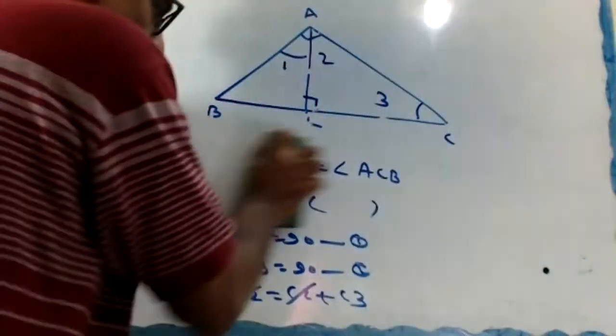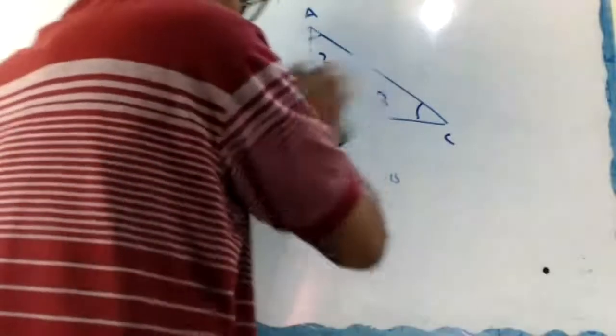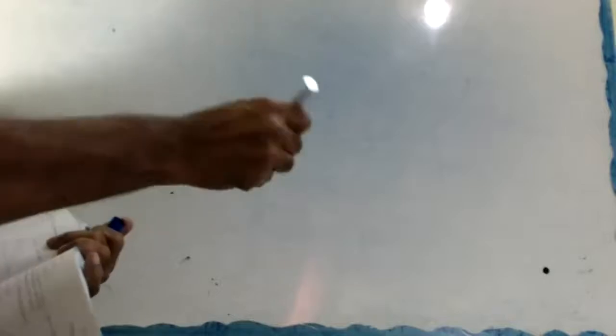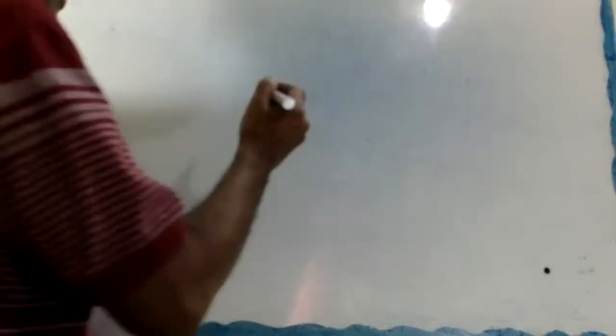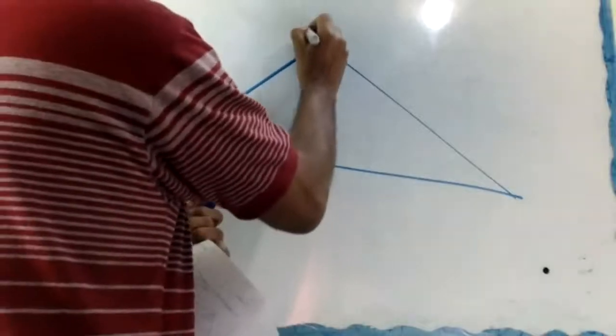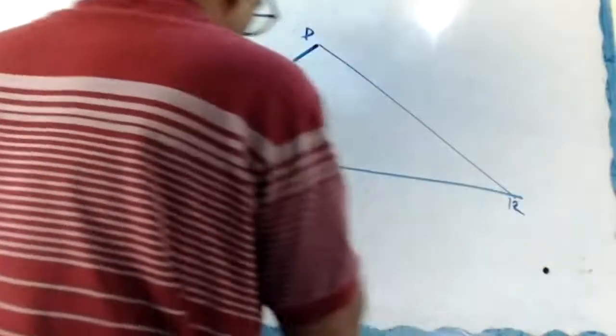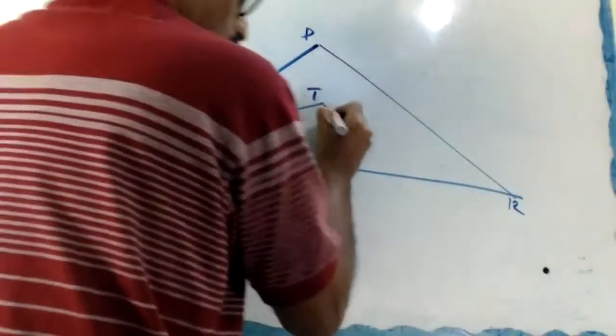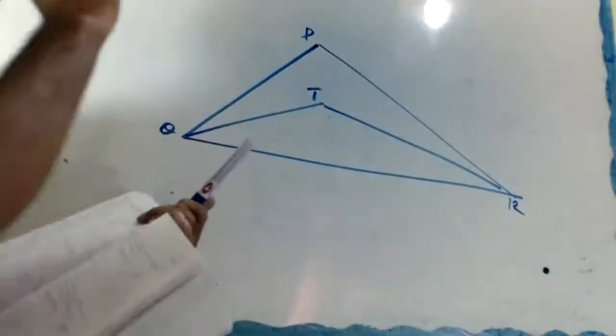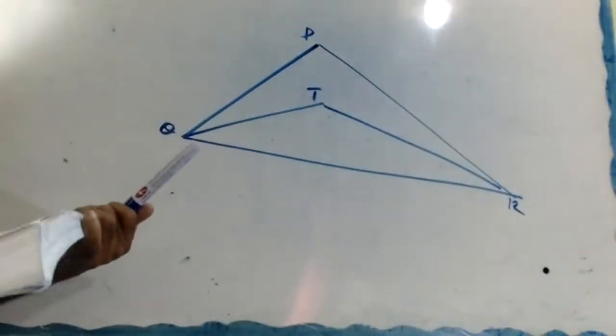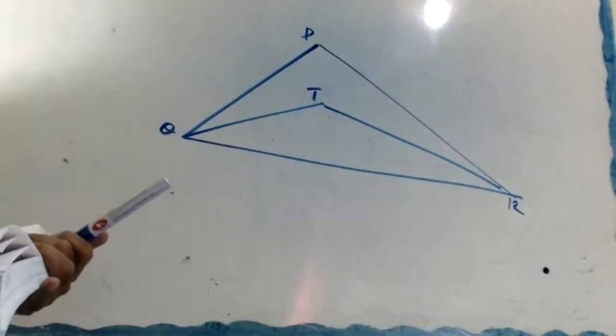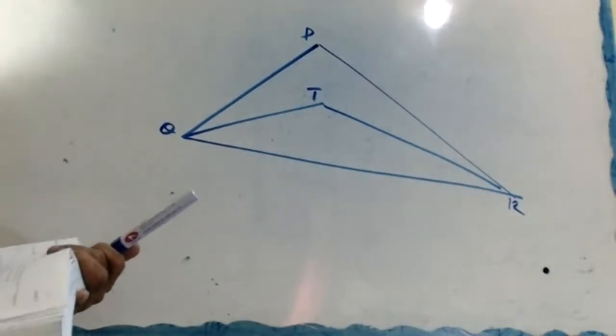In figure, TQ and TR are the bisectors of angle Q and R respectively.